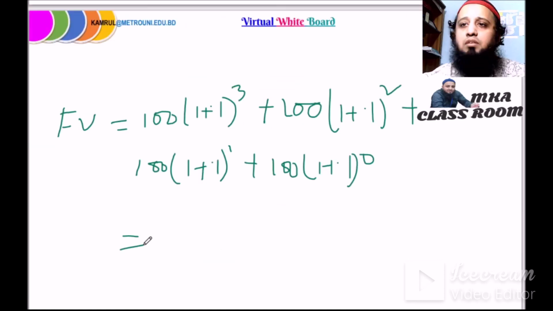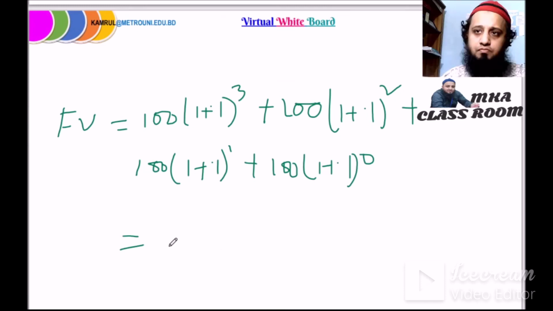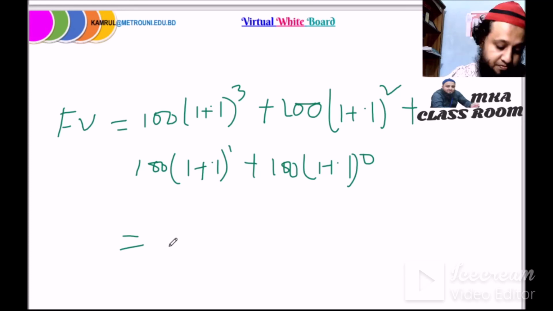Then what will be our result? By pressing the calculator, 100 times 1.1 power 3 plus 100 times 1.1 power 2 plus 100 times 1.1 power 1 plus 100, that is 464.10.